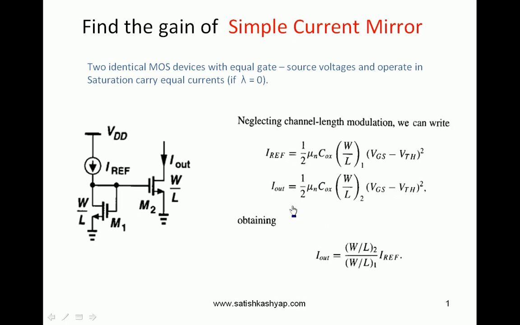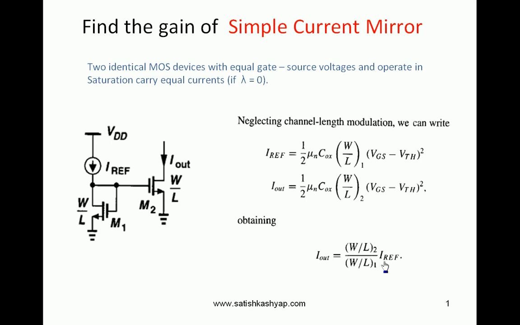Similarly, you can write for I out: 1 by 2 mu n COX W by L of the second transistor into (VGS minus VT) whole square. Now, if you take the ratio of I out to I reference, what you get is W by L of 2 by W by L of 1 into I reference. This is the general current gain equation of a simple current mirror. I out is an exact replica of I reference, or it may be a multiple of I reference.